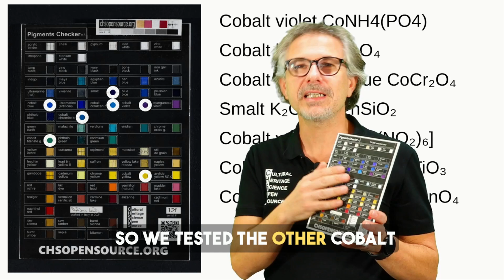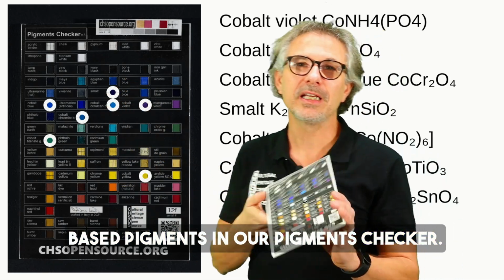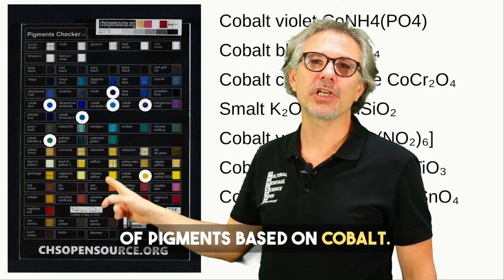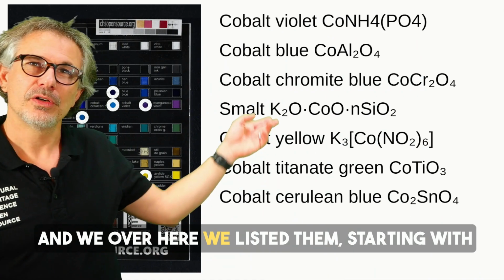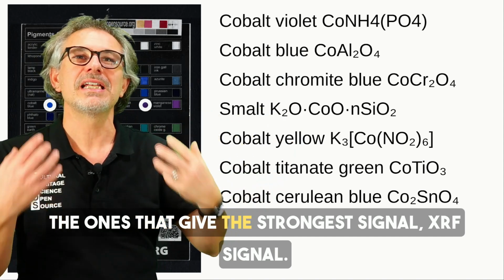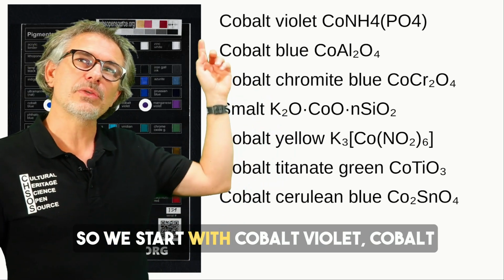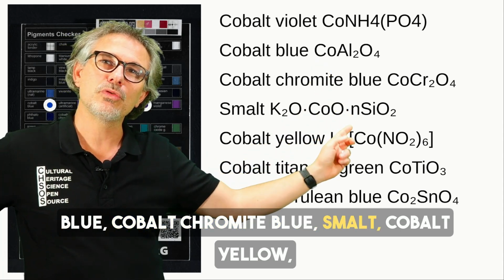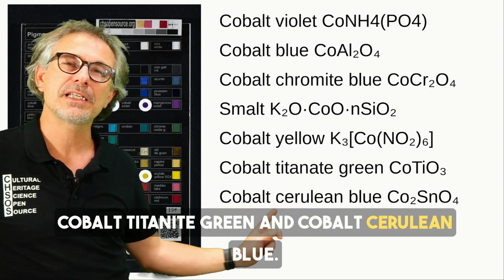So we tested the other cobalt-based pigments in our pigments checker. So you see, there are plenty of pigments based on cobalt, and over here we listed them starting with the ones that give the strongest XRF signal. So we start with cobalt violet, cobalt blue, cobalt chromite blue, smalt, cobalt yellow, cobalt titanate green, and cobalt cerulean blue.